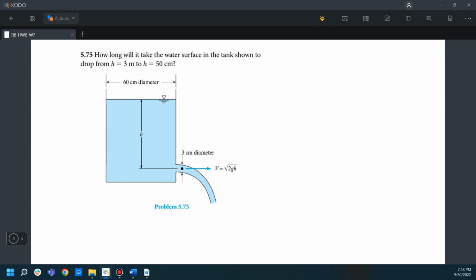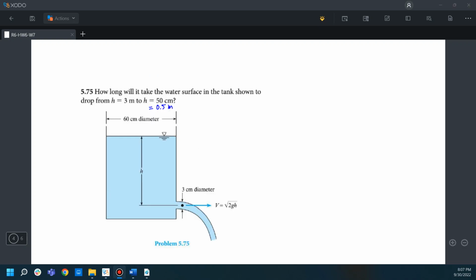In this question, 5.75: how long will it take the water surface in the tank to drop from h equal to 3 meters to h equal to 50 centimeters? And this 50 centimeter is equal to 0.5 meter.